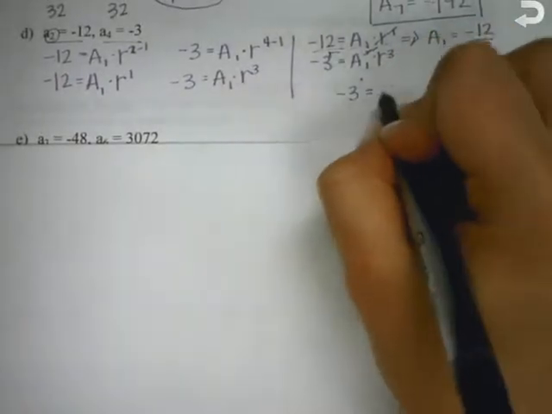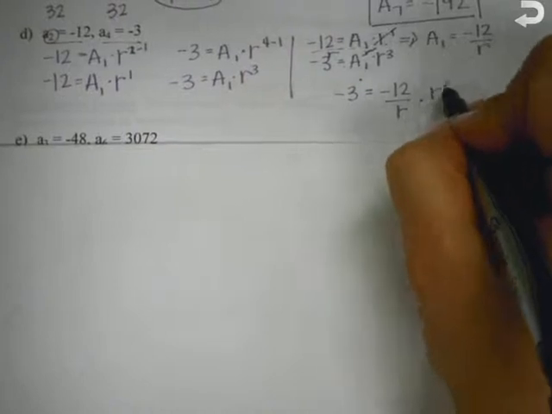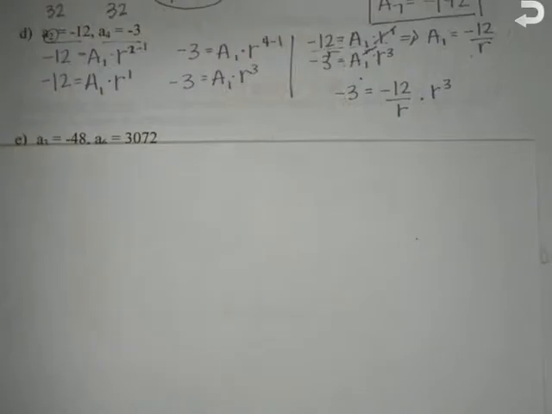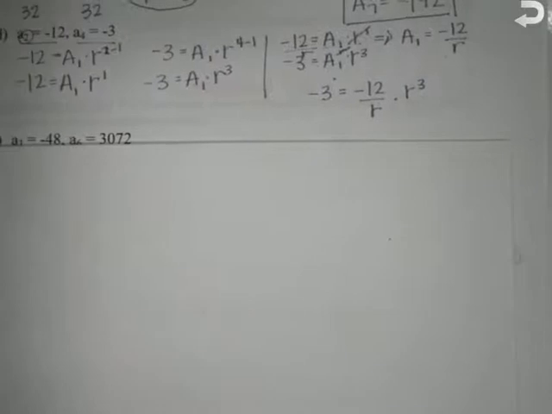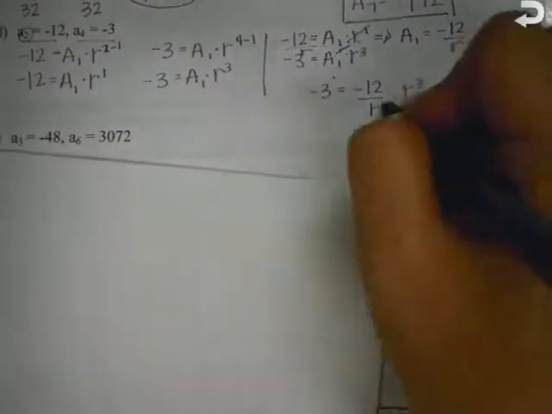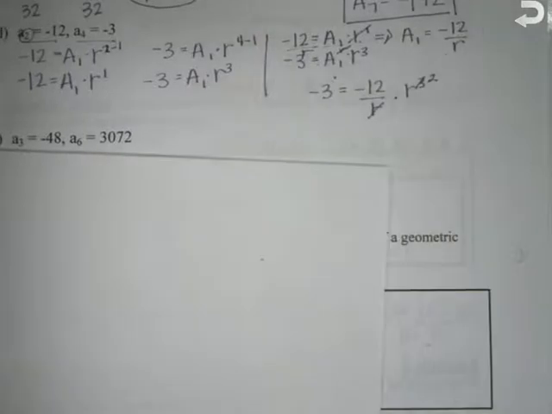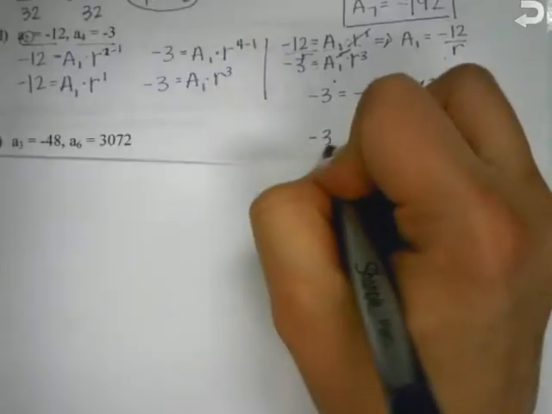Okay, what happens? The r's cancel a little bit. This r cancels and makes this one an r to the second. So we have negative 3 equals negative 12 r squared. Divide both sides by negative 12.